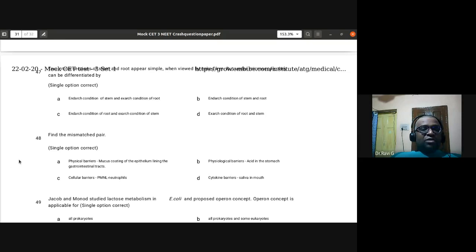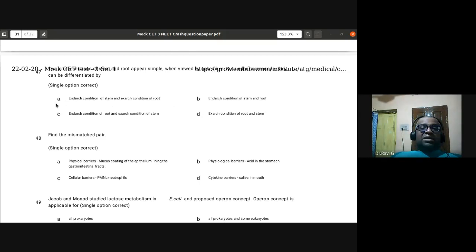So the 47th question, two cross sections of stem and root appear simple when viewed by naked eye, but under a microscope, they can be differentiated by: endarch condition of stem and exarch condition of root, endarch condition of stem and root, endarch condition of root and exarch condition of stem, or exarch condition of root and stem.